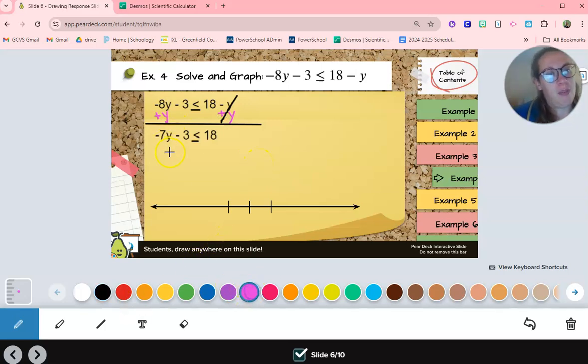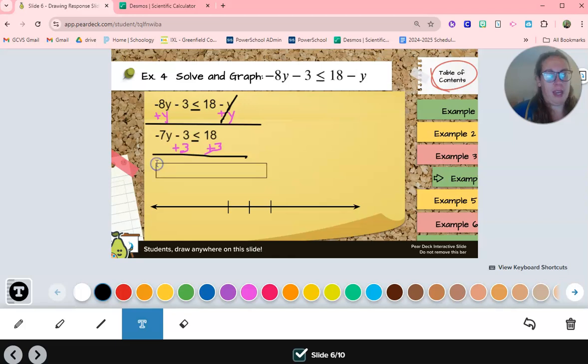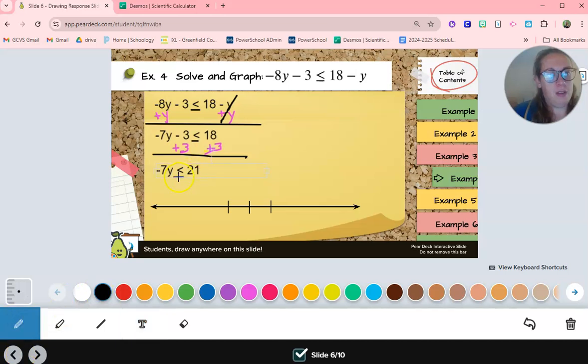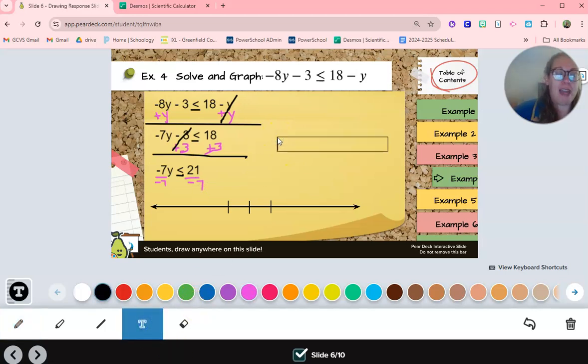So then we're going to add 3 to both sides. And we get negative 7y is less than or equal to 21. Because negative 3 plus 3 cancel. Final step is dividing by that negative 7. And when we divide by a negative, we flip that sign.